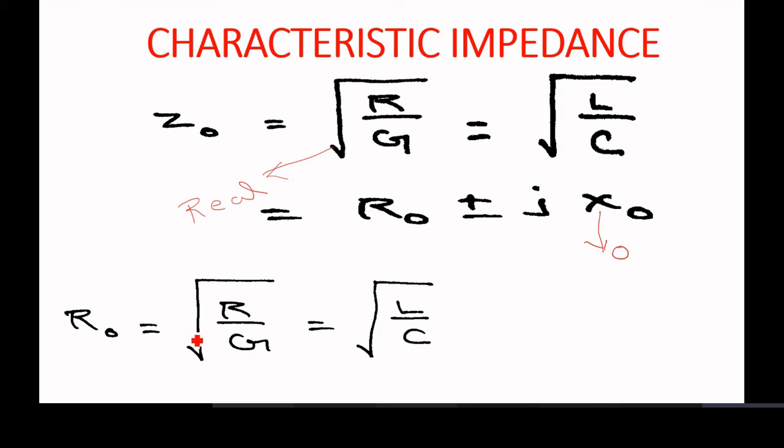So R0 is equal to square root of R by G, which is equal to square root of L by C, and X0 is simply 0. So is it clear or any doubts?